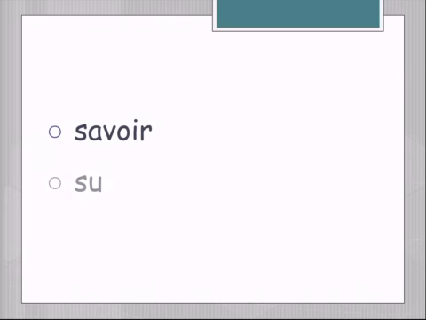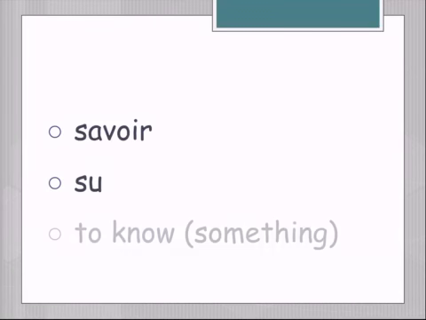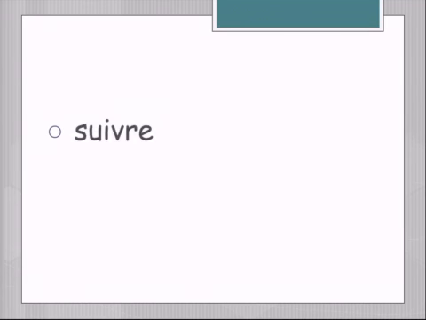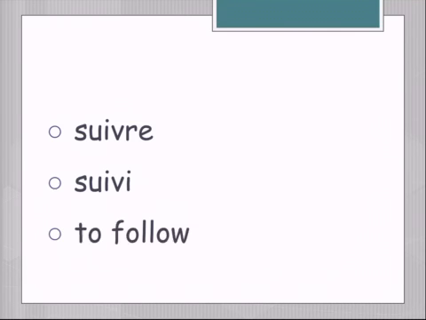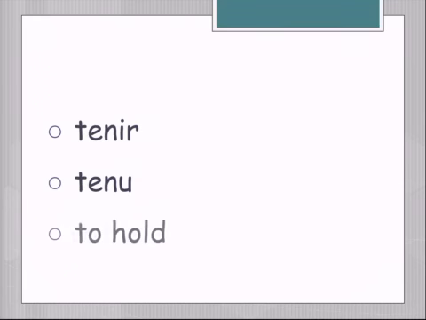Savoir turns into su, and this is what you use when you're talking about knowing a fact. I know 2 + 2 = 4. Suivre turns into suivi, and it means to follow. Tenir changes into tenu, to hold.